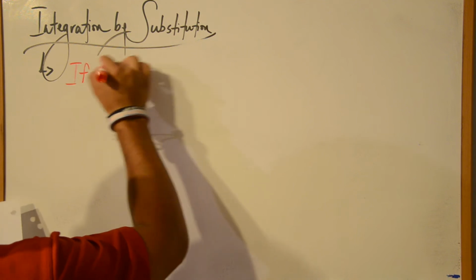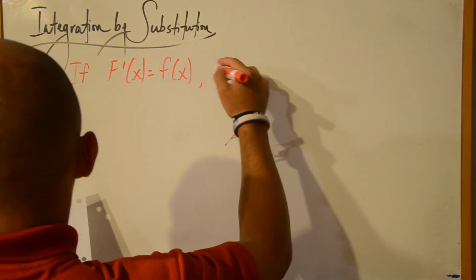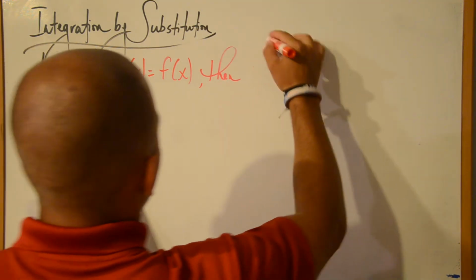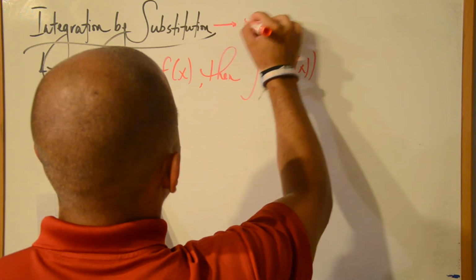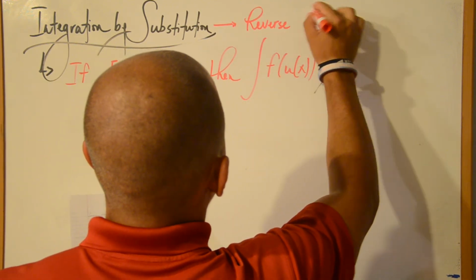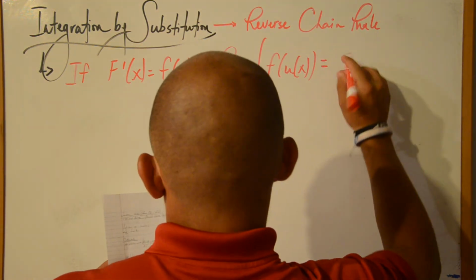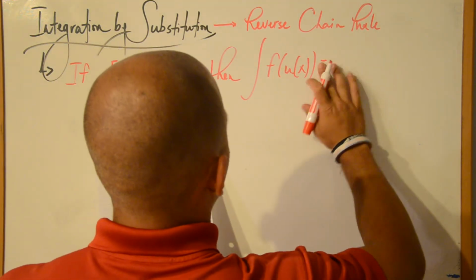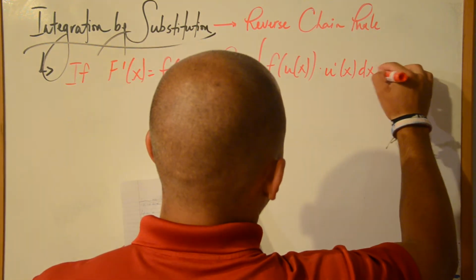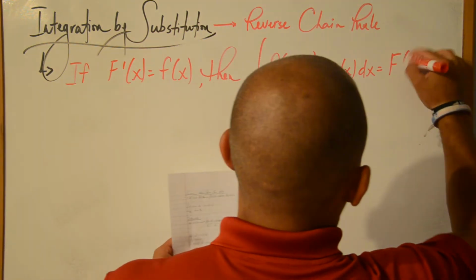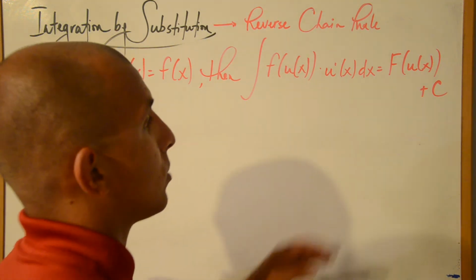So if capital F prime of x is equal to the original function, then the integral of f of u of x, so this is really the reverse chain rule, f of u of x times u prime of x dx is equal to capital F of u of x, so the antiderivative composed with that inner function.